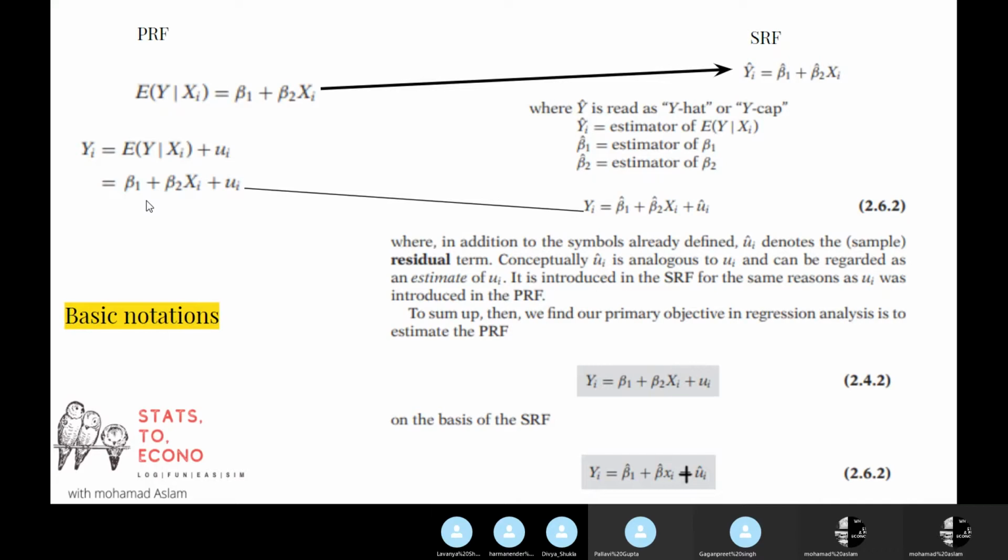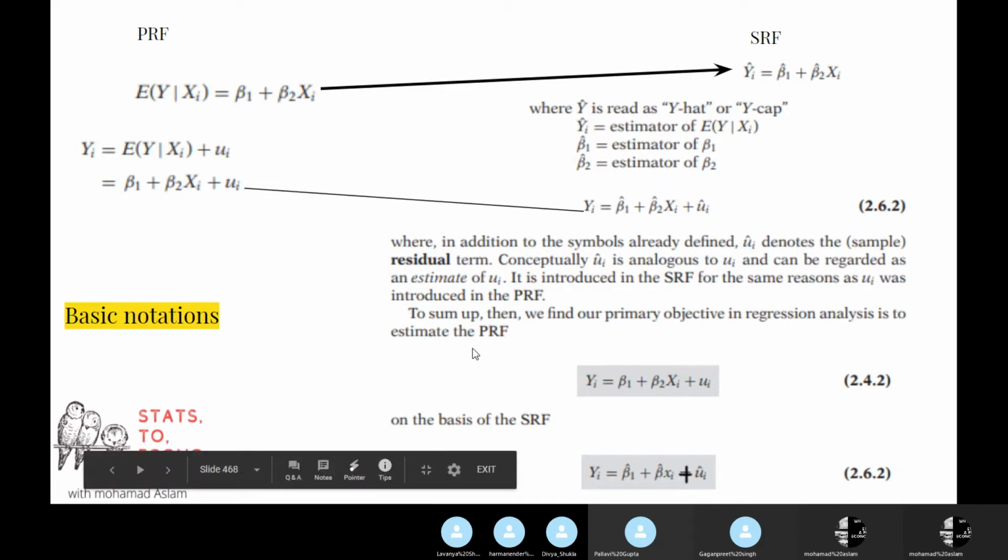Throughout basic econometrics and advanced econometrics, we are going to work with the sample regression function, meaning we don't have this liberty for the population. That's why inferential statistics is important after regression analysis, to see whether we can work with the sample estimates about the population as a policy measure or not. That's why hypothesis testing is required. But first, just get these notations, what these notations are describing.